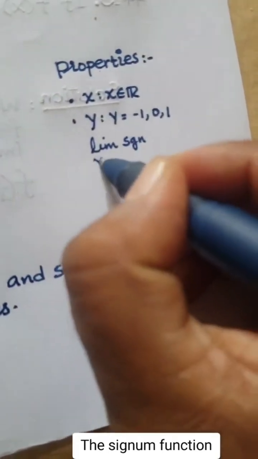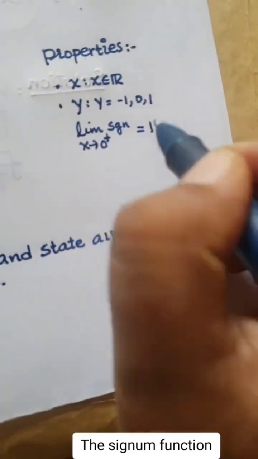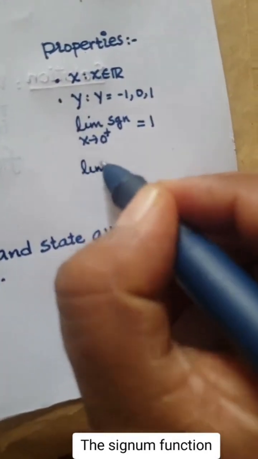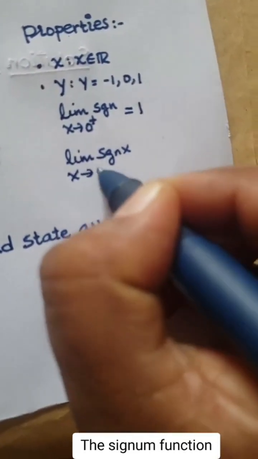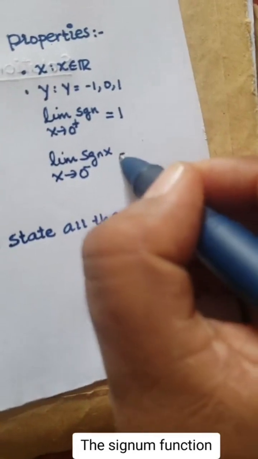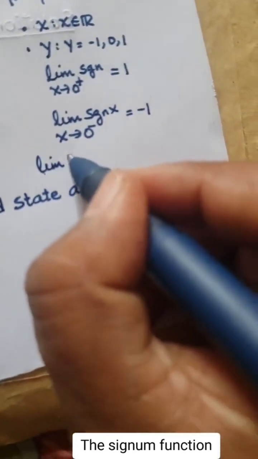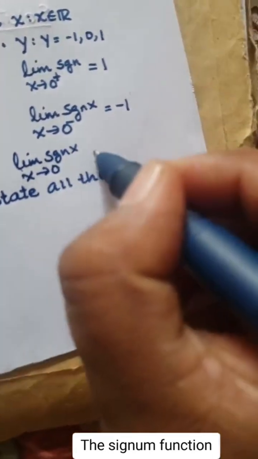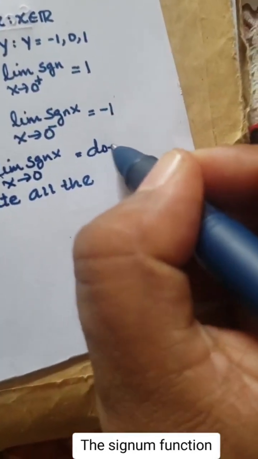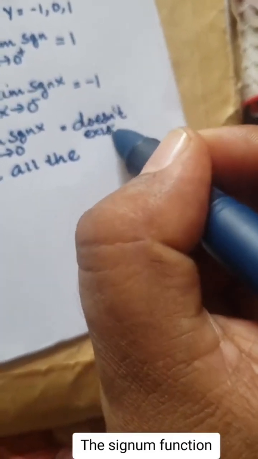Now the other thing is dealing with the continuity of the function. To prove whether the function is continuous or not, one tool of confirming a function is continuous is the limit of the function. Now when you see the limit of the function as x approaches 0, we can clearly see that the limit of signum x as x approaches 0 doesn't exist, because the right and the left side limits are not equal.